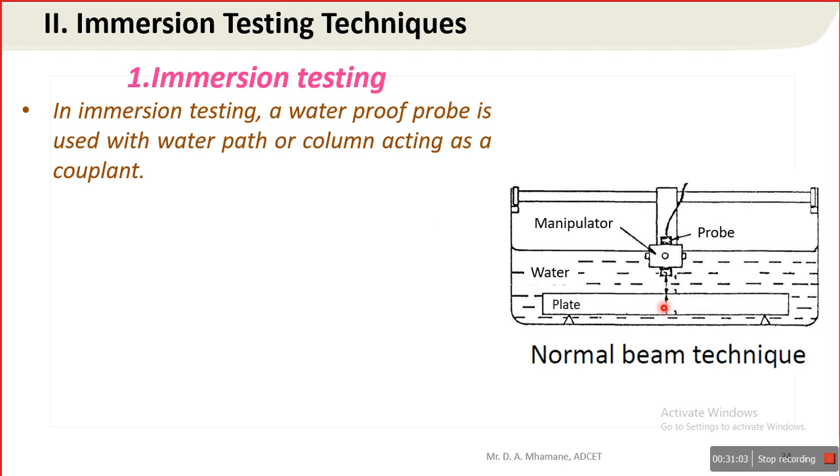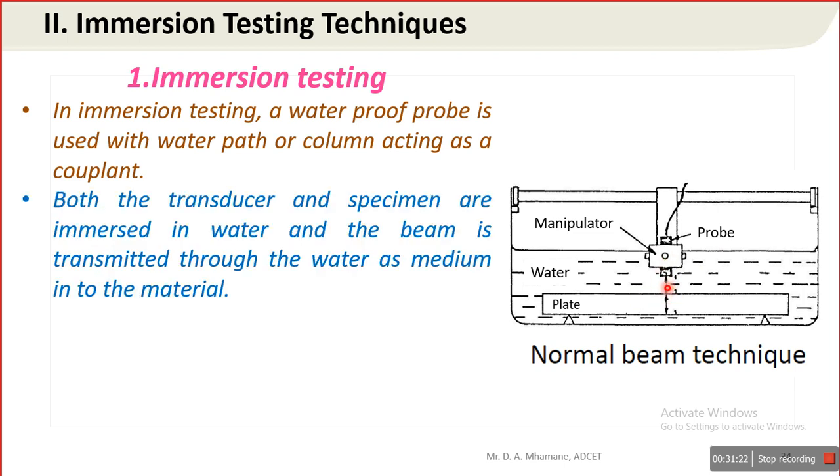So this is the normal beam technique. This image shows the normal beam technique because sound is transmitted perpendicular to the surface, meaning the sound energy is normal to the surface. So in immersion testing, a waterproof probe is used with a water path or column acting as a couplant. Means in this case, this water acts as a couplant.